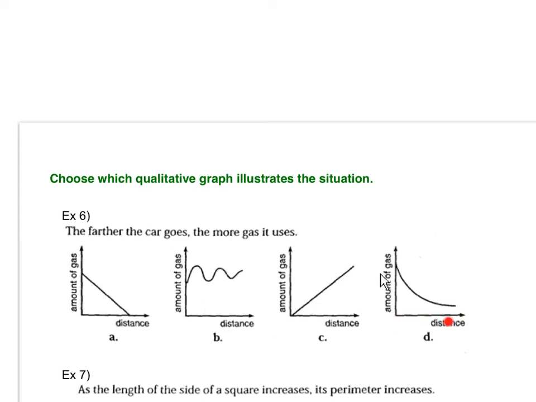So here we go, the distance, the amount of gas is going down. So we're using gas, but it never gets to zero. It looks like it's just going to stay constant right there. So which one of these would work? It looks like the amount of gas it uses, is the amount of gas going to go up the farther you go, or is the amount of gas going to go down the farther you go?